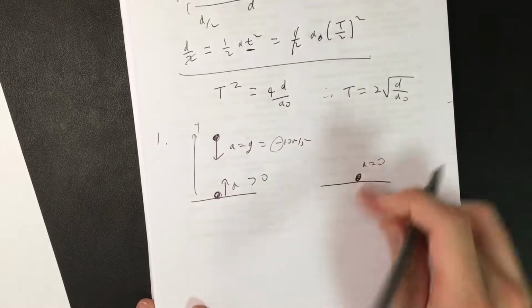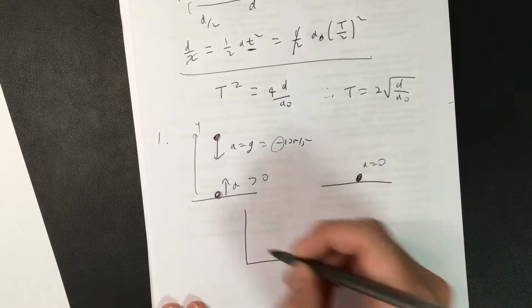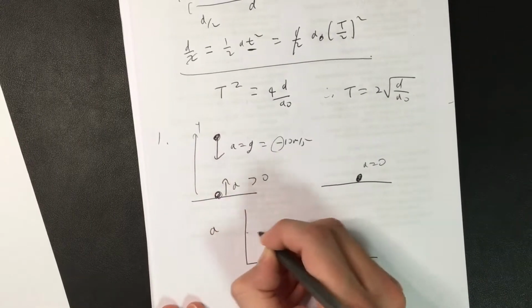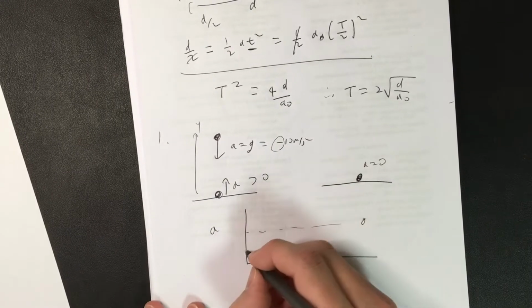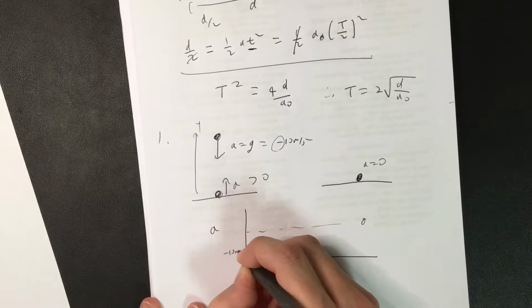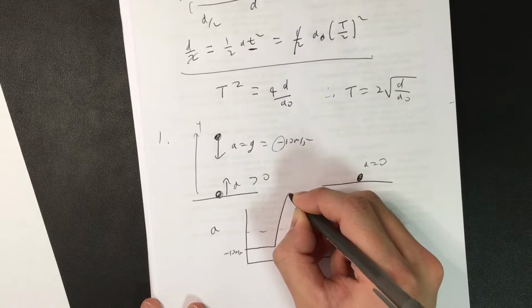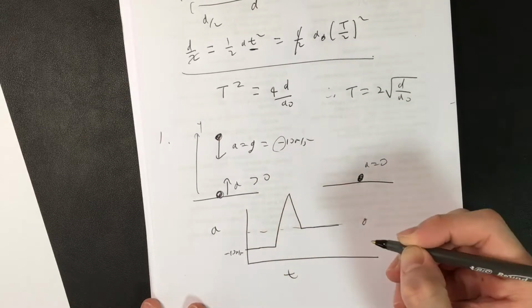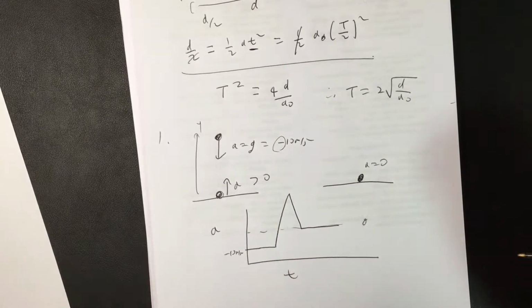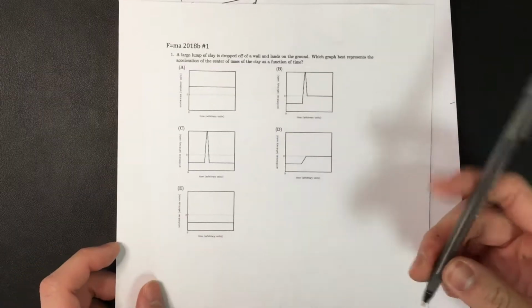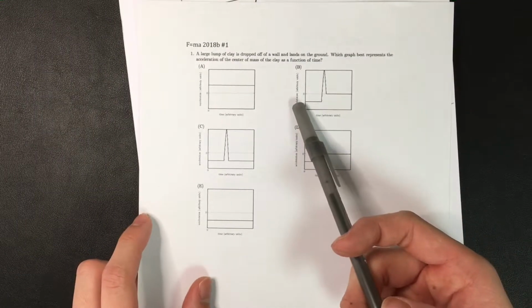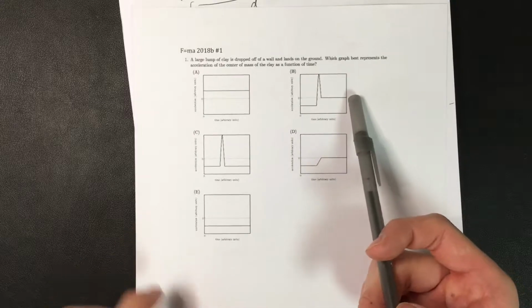Now, from this information, I'm going to first draw the graph of acceleration versus time. If I say this line is 0, then it is going to start at negative 10 meters per second squared. And then this is going to have some positive acceleration and then 0. Looking at the answer choices, I see that answer choice B matches our answer.